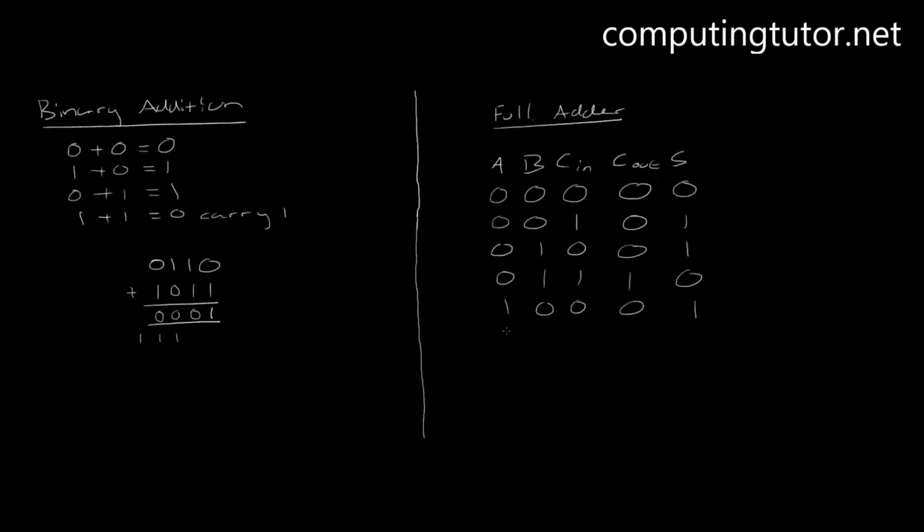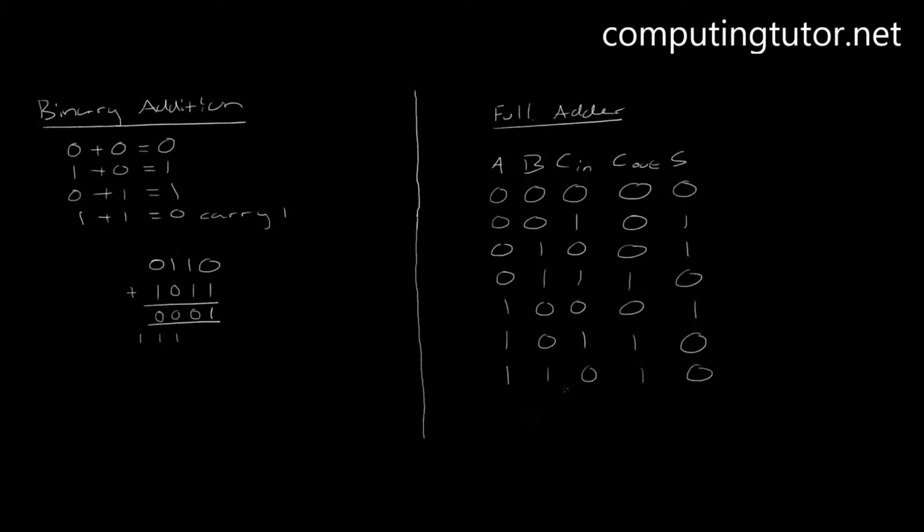Then we could also have 1, 0, 1, and that's going to be the same as this one here. Our sum bit is going to be 0 and our carry out is going to be 1 because we're using this rule here, 1 plus 1 equals 0, carry 1. And then we could have 1, 1, 0, and this is going to be the same as this one. Our sum bit is going to be 0 and our carry out is going to be 1.